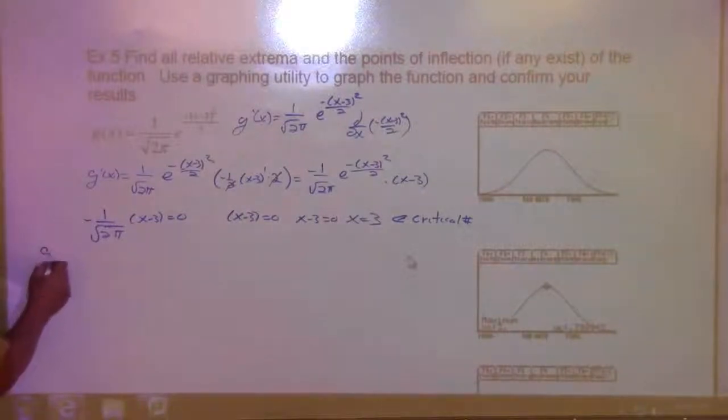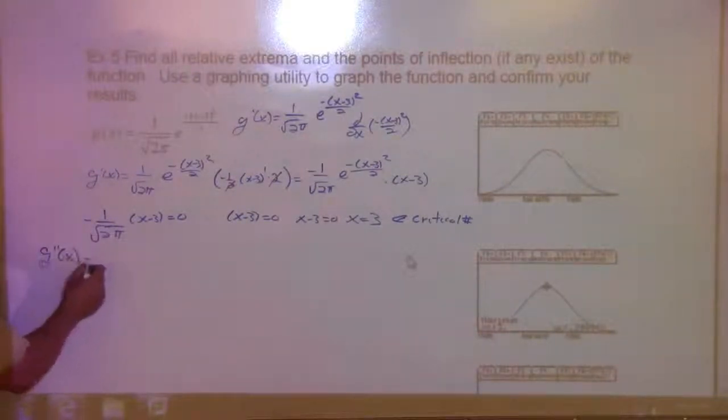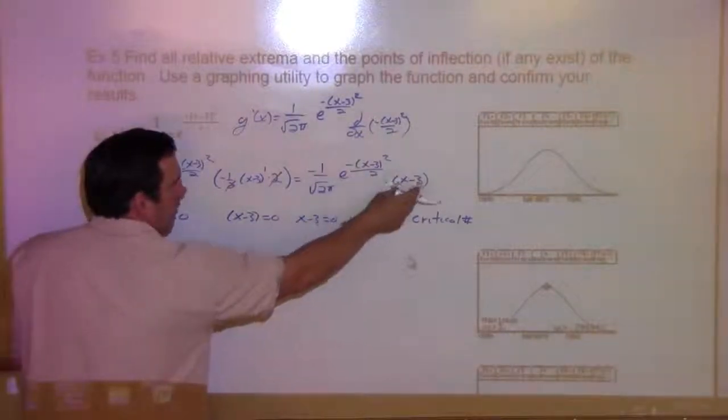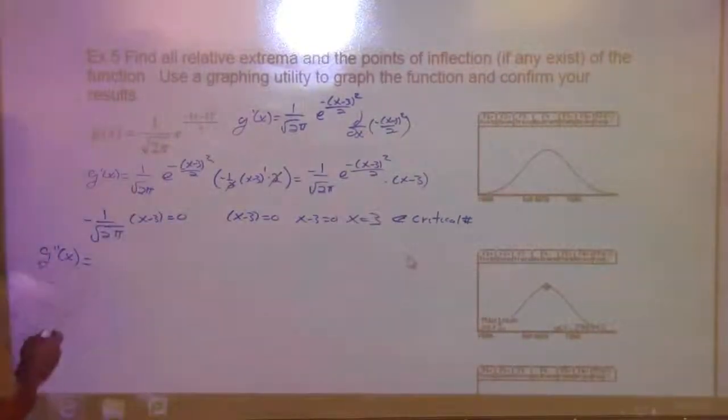Now let's do our second derivative. Using this here, we're going to have to use a product rule because we have two functions with x in it.